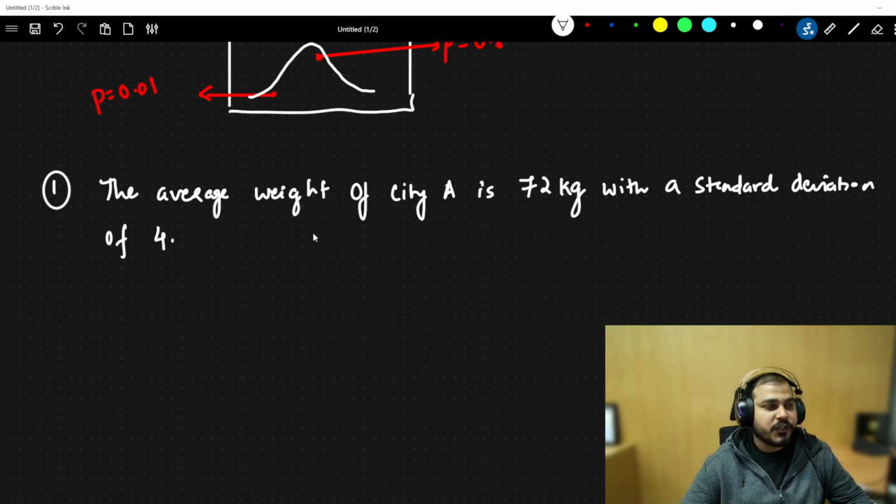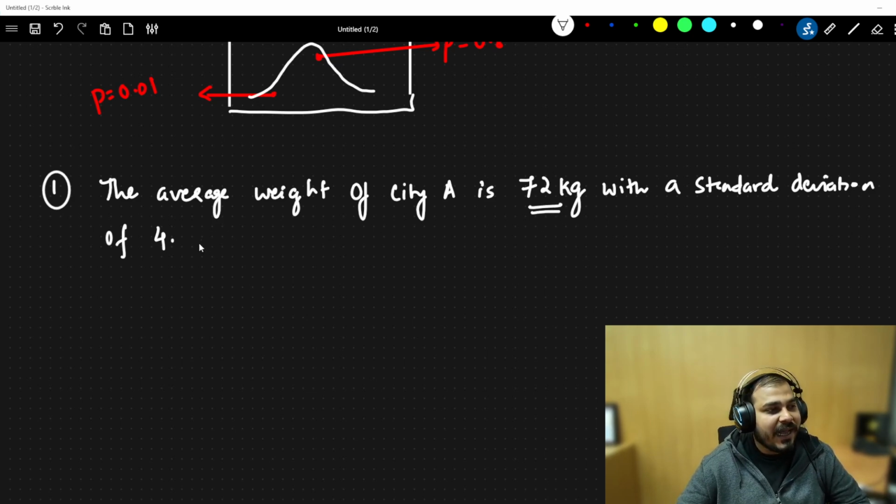This is the standard deviation. I don't believe it, so I really want to do the test and check whether this is actually true or not.